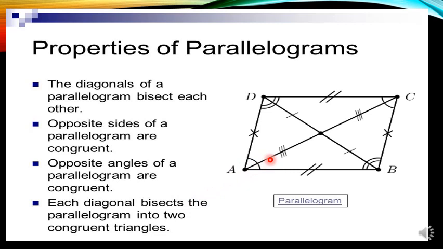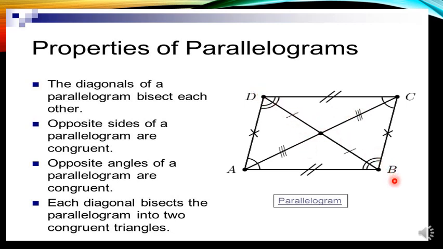Suppose I take AC as the diagonal, then triangle ADC is congruent to triangle ABC. Suppose I take DB as the diagonal, which are the congruent triangles then? The congruent triangles are triangle BCD and triangle DBA. These both will be congruent to each other if I consider DB as the diagonal.